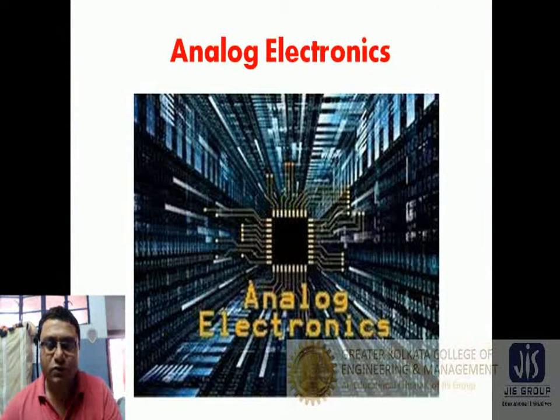In this video, we are going to study the different topics of analog electronics and its applications, how analog electronics apply in our different fields of electronics. We are going to study different circuits and their parts, explaining one by one in this topic.